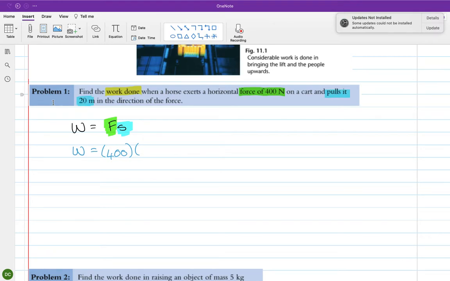Displacement is in meters, so that's 20. So you just do 400 by 20, and we get 8,000, and that's joules.